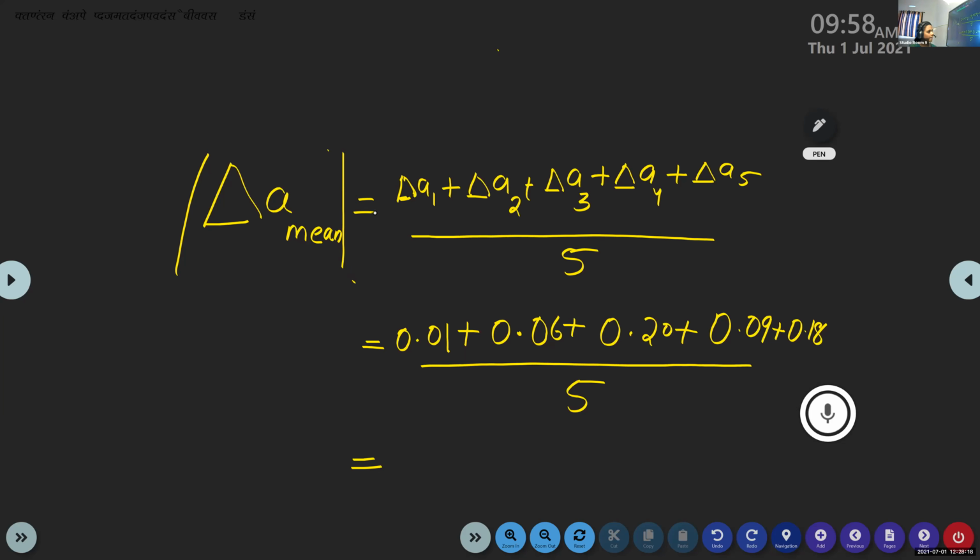The mean absolute error is 0.01 plus 0.06 plus 0.20 plus 0.09 plus 0.18 divided by, here we have 5 measured values. What about your answer? 0.54 divided by 5. I didn't divide it. Okay, divide it. I need the final answer. 0.108.